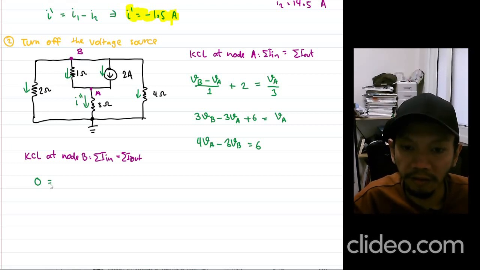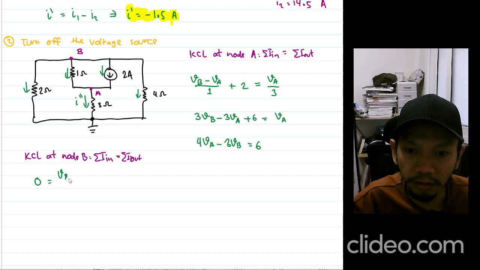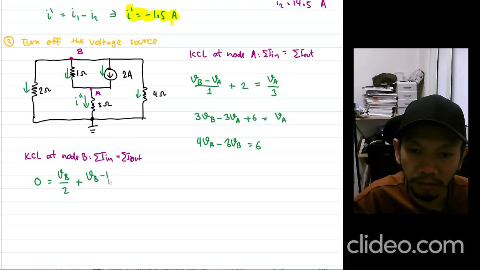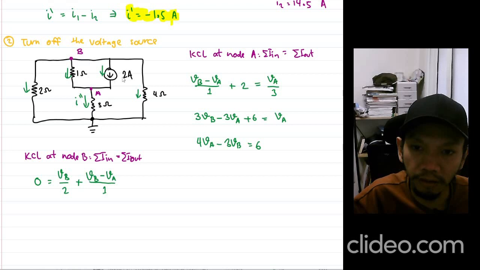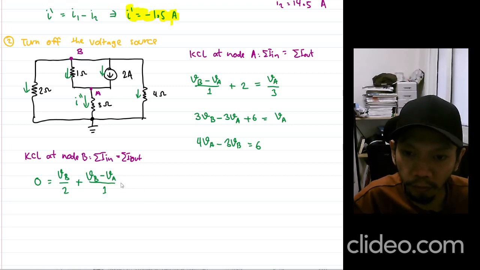And all the current goes out. So I'll have VB divided by 2 plus VB minus VA divided by 1. It is from this one. And from this one, I will have plus 2. And then from this one, I will have VB divided by 4.